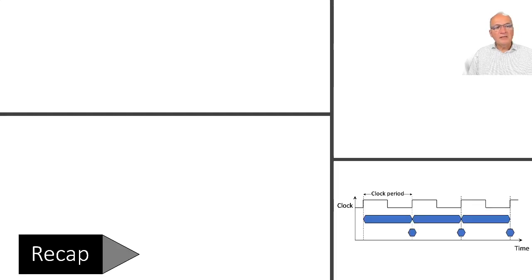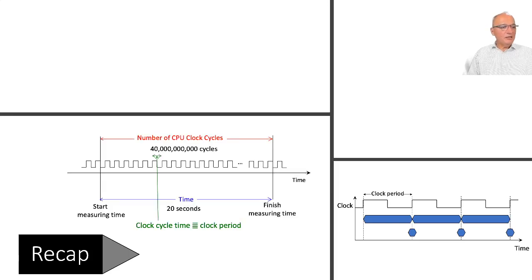So recapping this lecture, what we have learned is that the clock is a very regular signal in your machine, and the time between two consecutive identical transitions of the clock is the clock period. We have learned that we can compute the frequency and the clock cycle duration if we measure the total number of clock cycles and the time for a period of time.